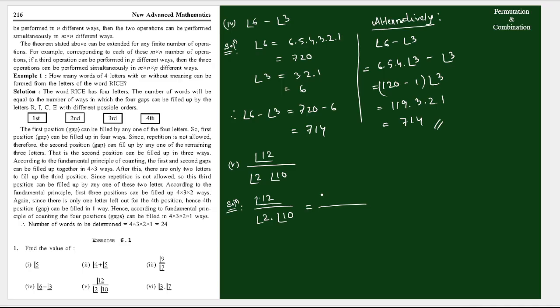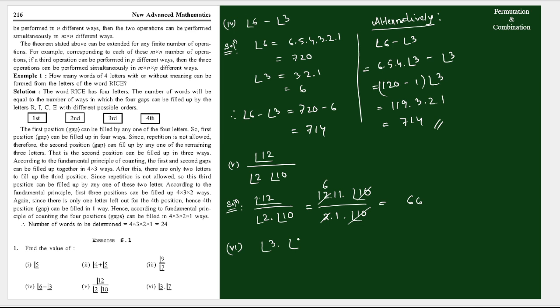So reduce 12 factorial up to factorial 10: 12 into 11 into factorial 10. Factorial 2 is 2 into 1, and factorial 10 cancels out. So 12 by 2 is 6. 6 into 11 is how much? 66.